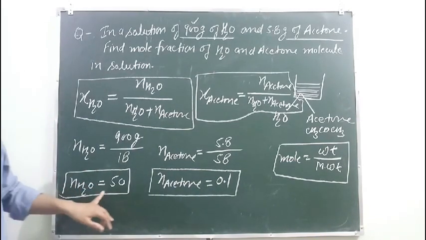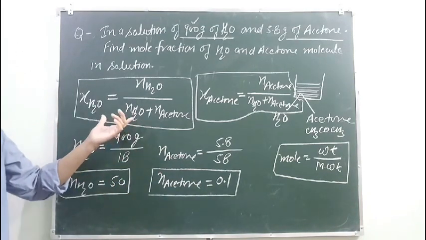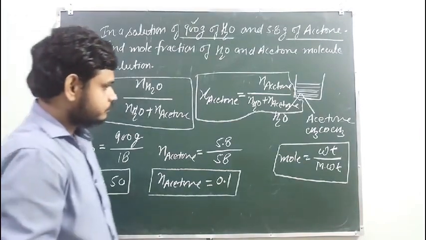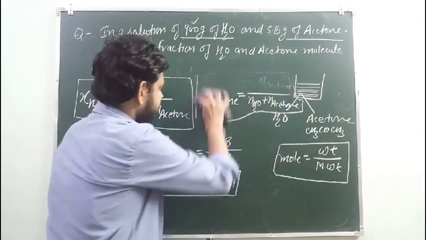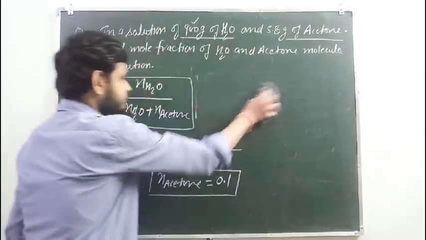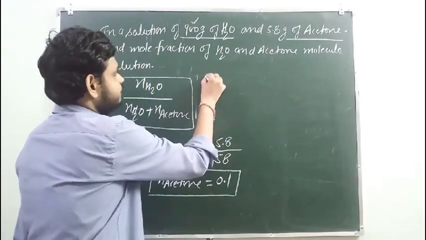Now we have to put the value of number of mole of H2O and the number of mole of acetone in this formula. Clear? So first, mole fraction of H2O.